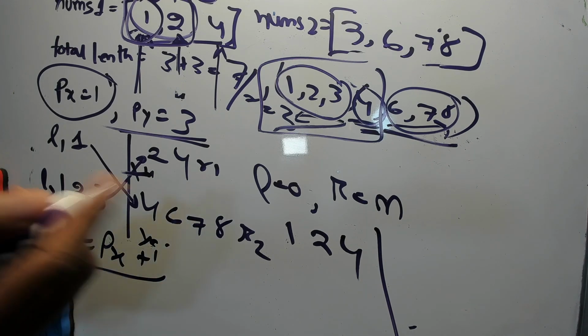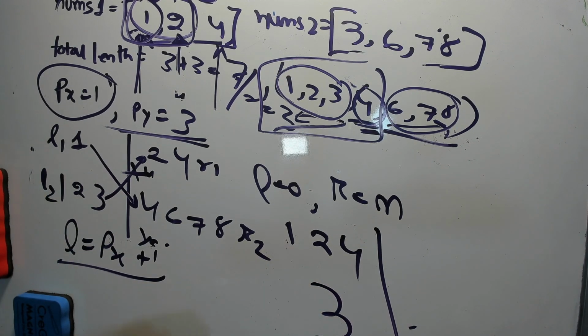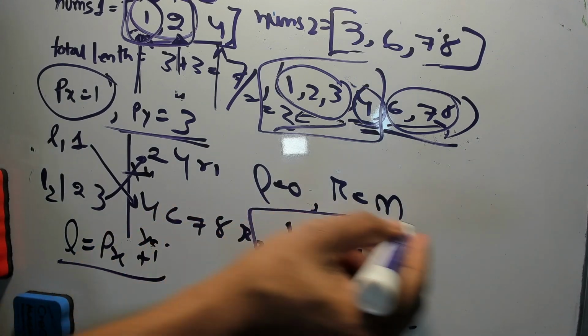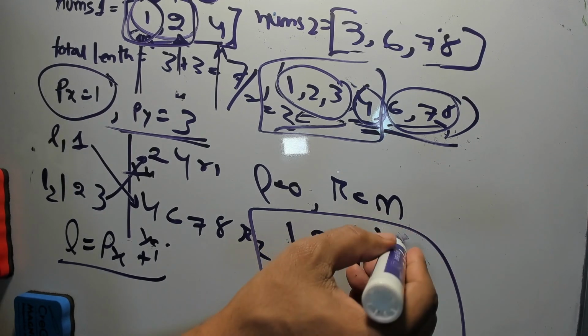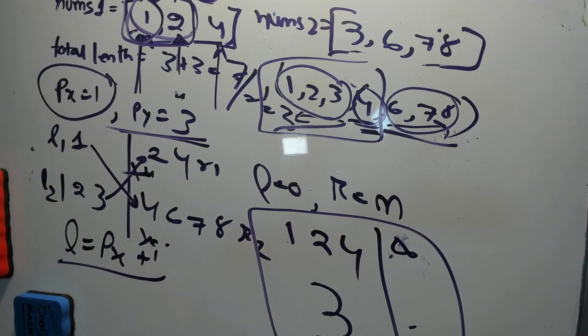Now we can pick only 1, right? Now nothing is left here, so anything we want to pick will become infinity. In the next iteration, what we have left here is 6, 7, 8.